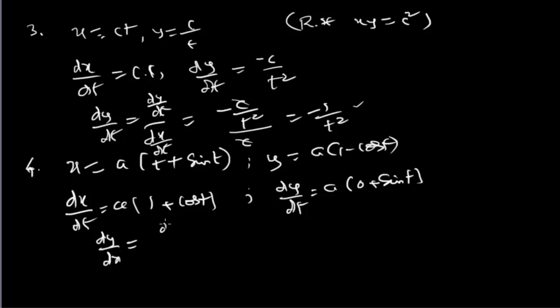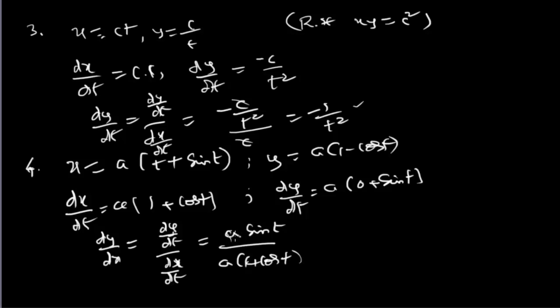So what we want is dy by dx. dy by dt by dx by dt. dy by dt is a sin t by a into 1 plus cos t. Here a cancels. You can leave it here under ordinary circumstances, but as a student of mathematics, you must know how to simplify.